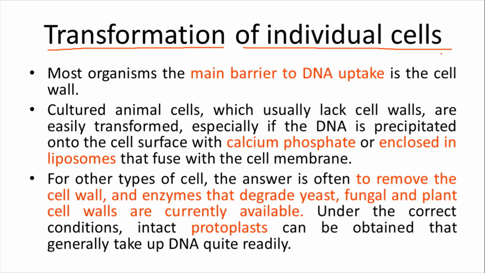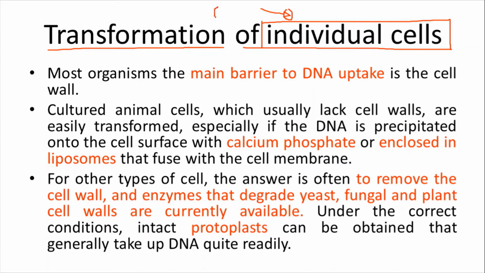A single cell means a single protoplast cell or plant cell, a single embryo, a single zygote, a single stem cell, or germ cells. So whatever we want, we insert into a single cell. For example, if we are treating a genetic disorder through gene therapy, we can transfer the DNA into stem cells.